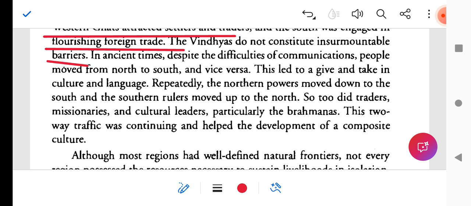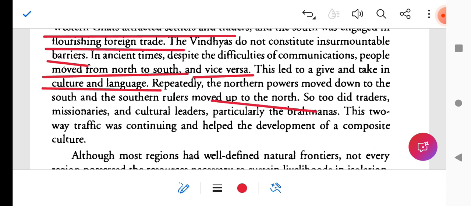Okay, the Vindhyas do not constitute insurmountable barriers. In ancient times, despite the difficulties of communications, people moved from north to south and vice versa. This led to a give and take in culture and language. Repeatedly, the northern powers moved down to the south and southern rulers moved up to the north.